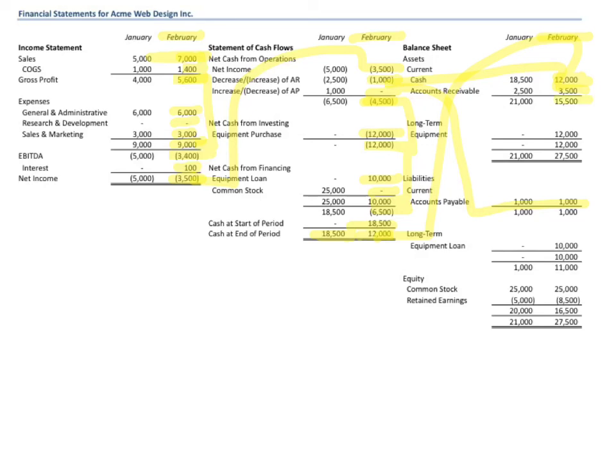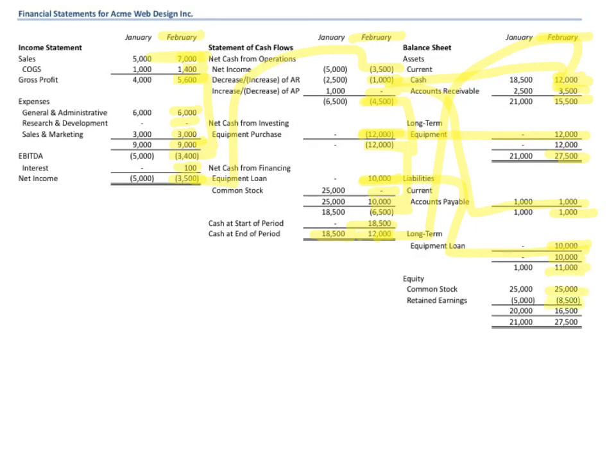There's our total current assets. Long term, there's the $12,000 equipment right here. And so the total assets is $27,500. The equipment loan of $10,000 shows up right here in our balance sheet. That's a liability, something that we have to pay back. And so our total liabilities is $1,000 plus 10 is equal to 11. Common stock remains unchanged.